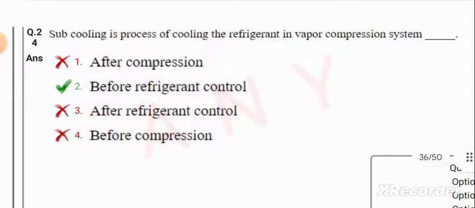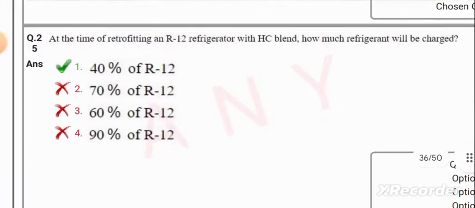Subcooling is a process of cooling the refrigerant in vapor compression system before refrigerant control. At the time of retrofitting an R12 refrigerator with AC blend, how much refrigerant will be charged? 40% of R12.